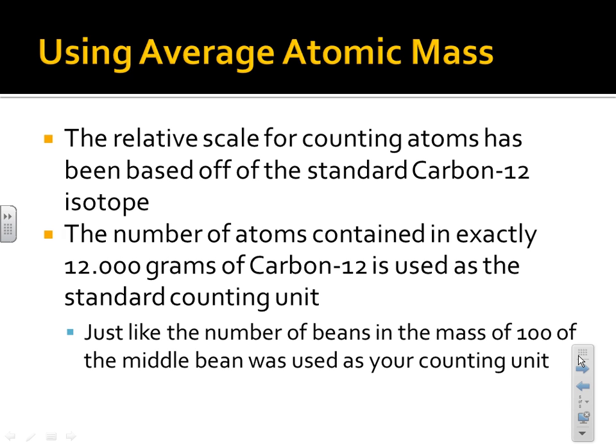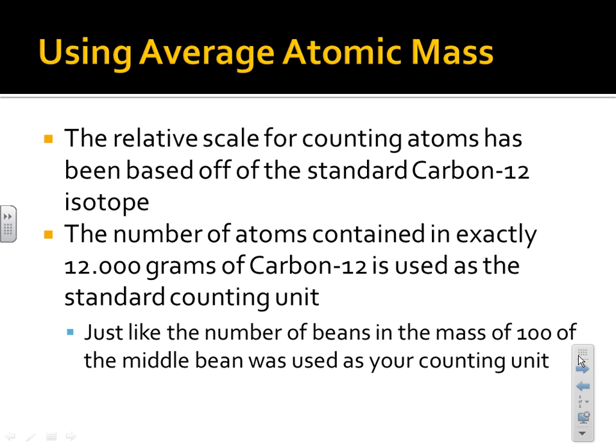But that number that gets us to 12 grams of carbon-12 is the standard counting unit, the standard counting number. What was your standard counting number in the Bean Lab? What did you start off with? 100. We based everything off of 100 beans. 100 atoms doesn't get us real far, so we have to use a bigger number than that. And we will introduce that number tomorrow.